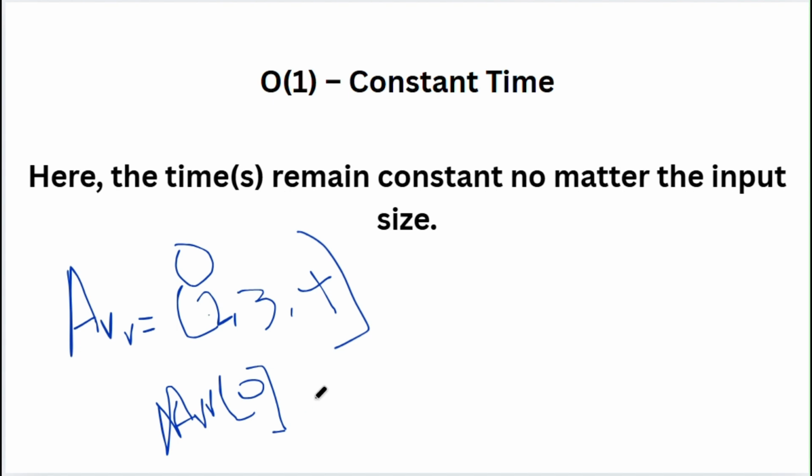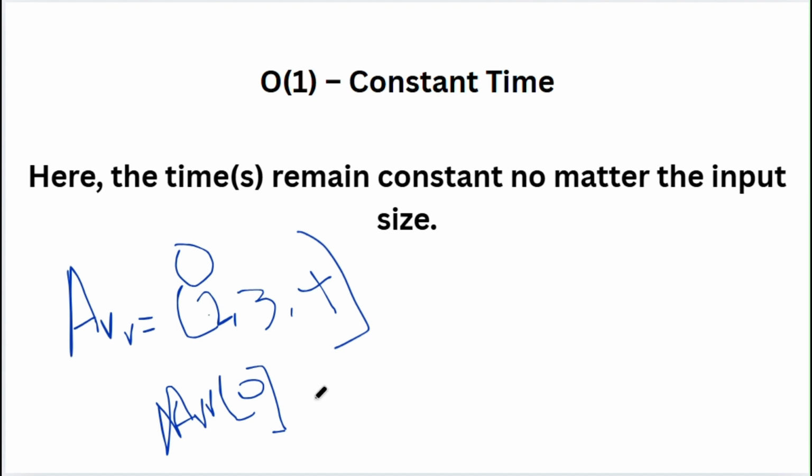Or for instance, if you have a textbook of 100 pages, and we're asked to find page 10, we always know that we are going to count 10 pages of the book to get to page 10. That's the same thing if you are to get page 10 of a book of 1000 pages, or of a book of 1 million pages.